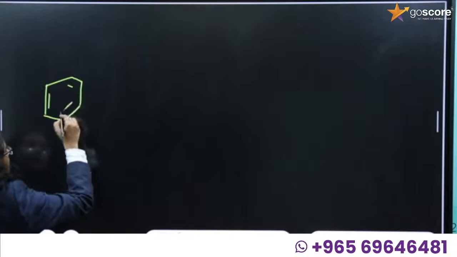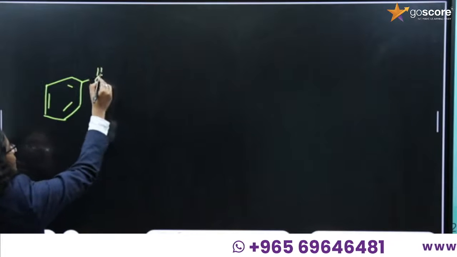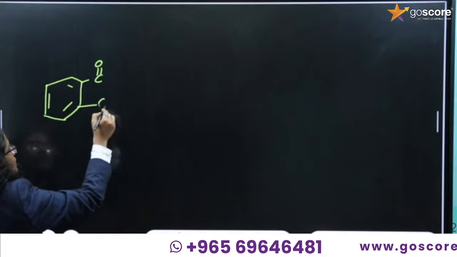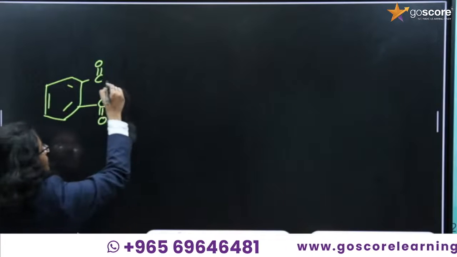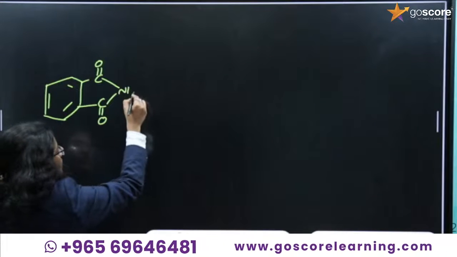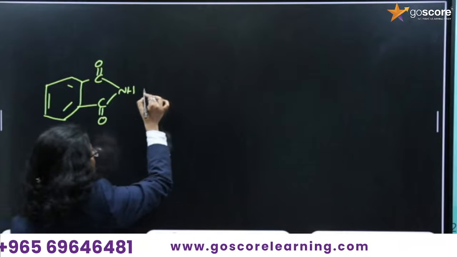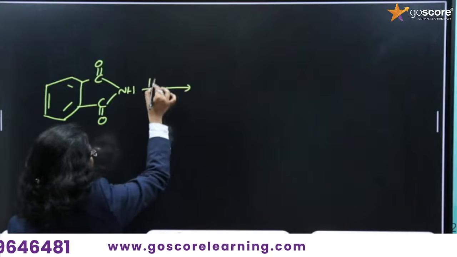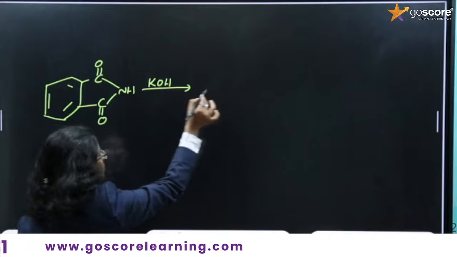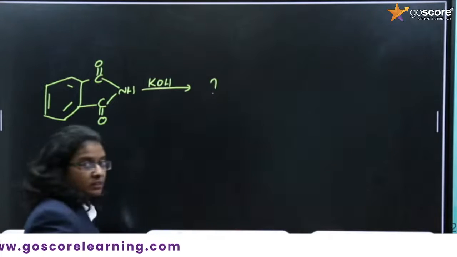Then another question is phthalimide. What is the structure of phthalimide? NH is phthalimide. Phthalimide on reacting with KOH, you will get a product.